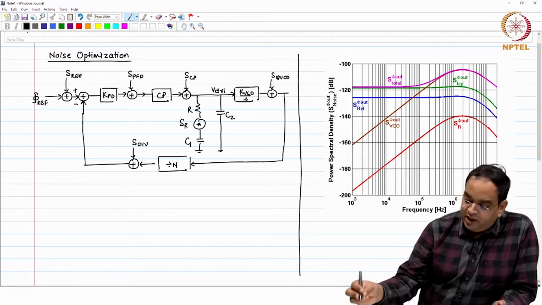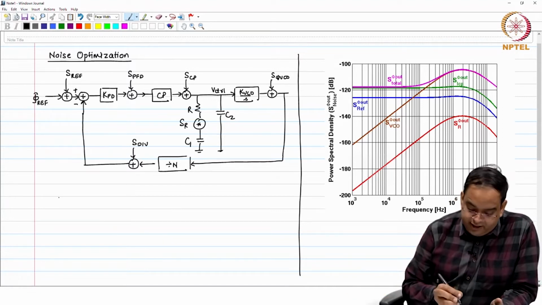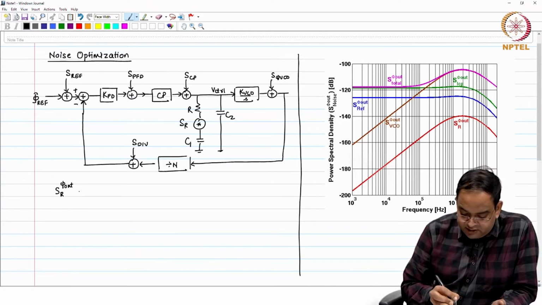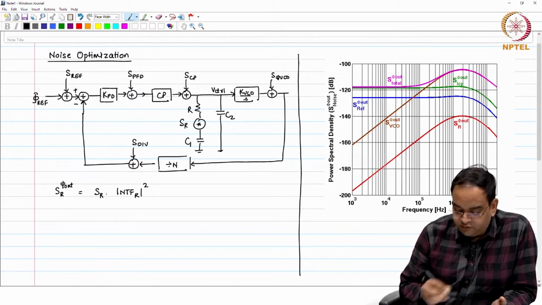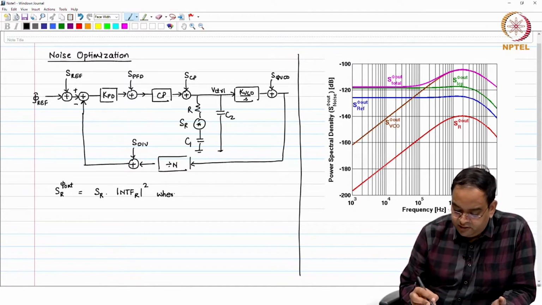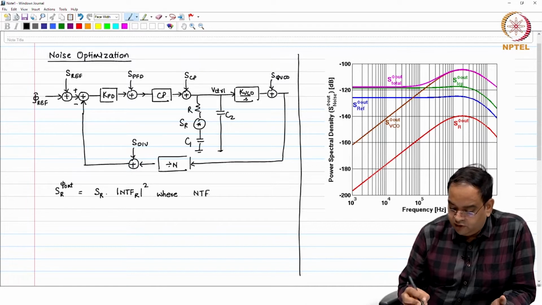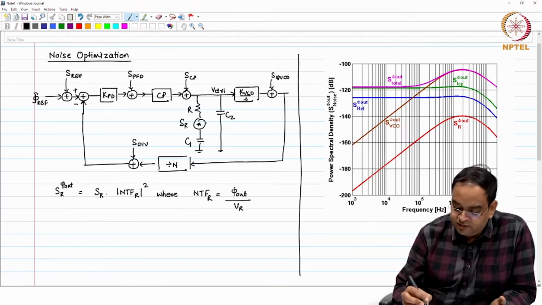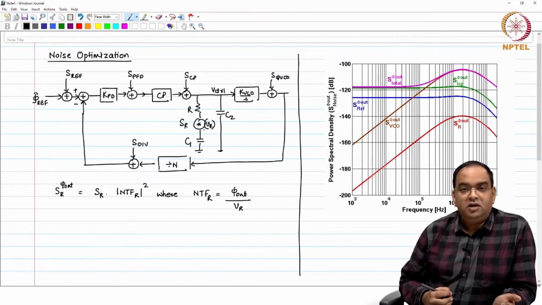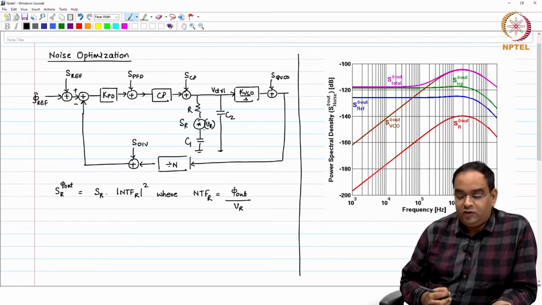What we are plotting here, just to recall, is S R phi out, which is S R times NTF of R, the noise transfer function for the resistor, where NTF of R is equal to phi out divided by V R, your equivalent noise voltage for the resistor.